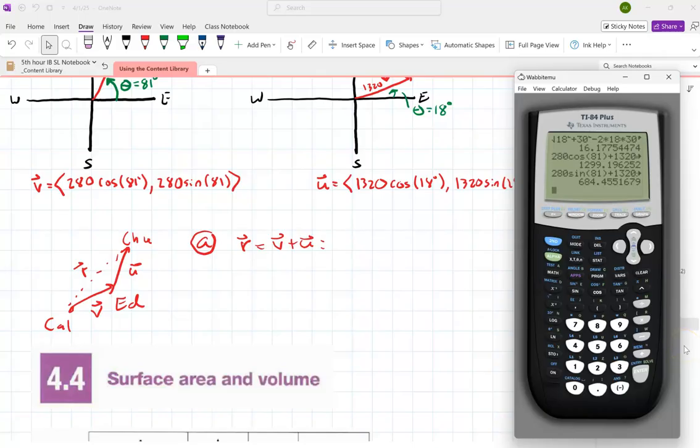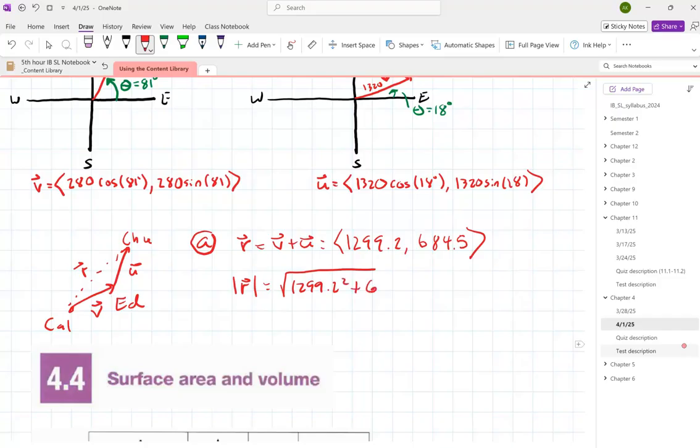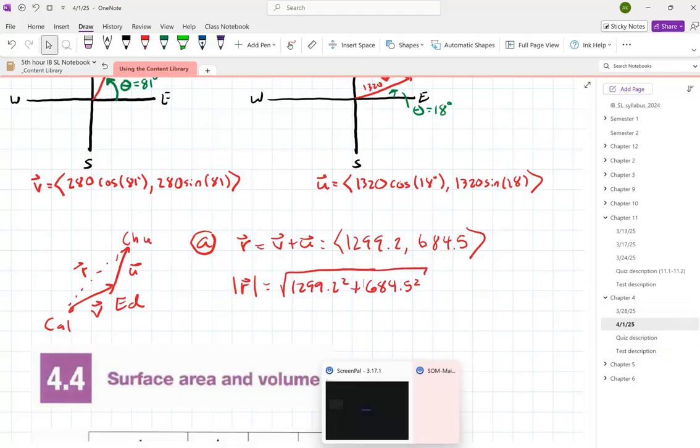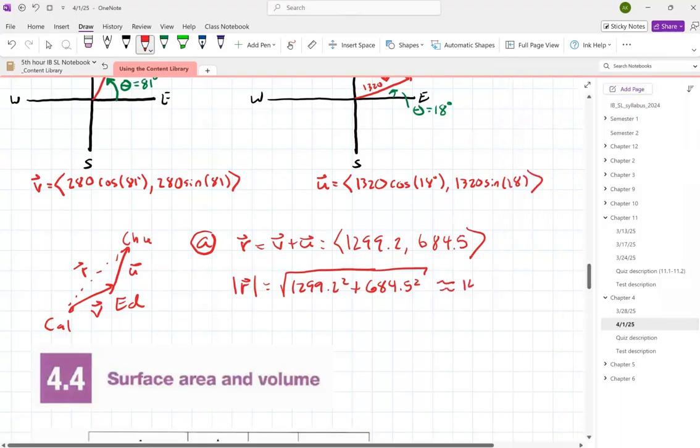So 1299.2 and then 684.5. So then to find the length of that vector, I just basically do the Pythagorean theorem on it. So I get about 1468.5. Yes.